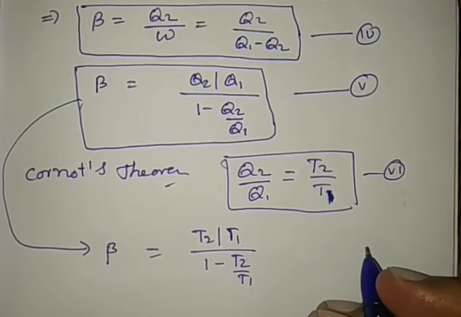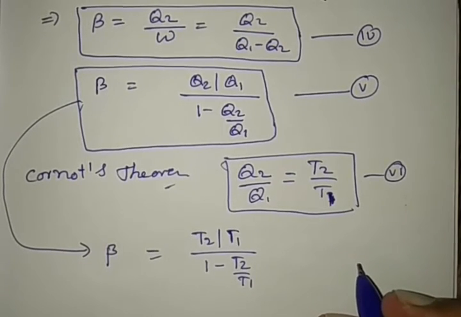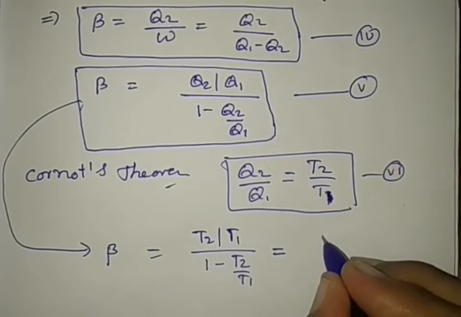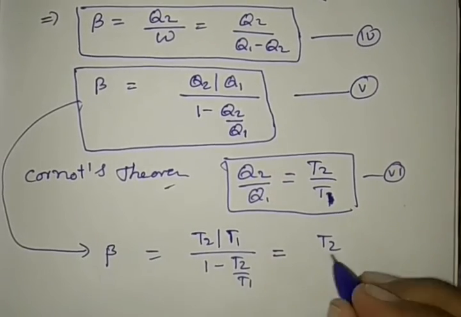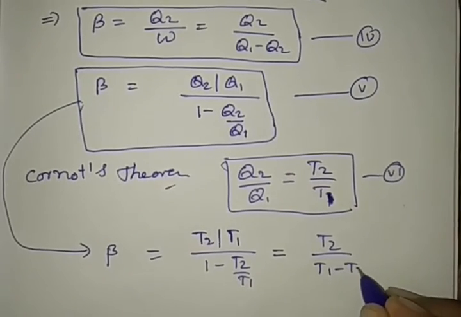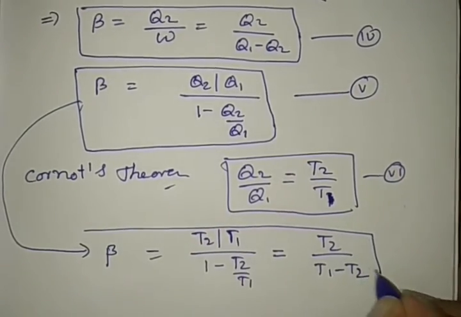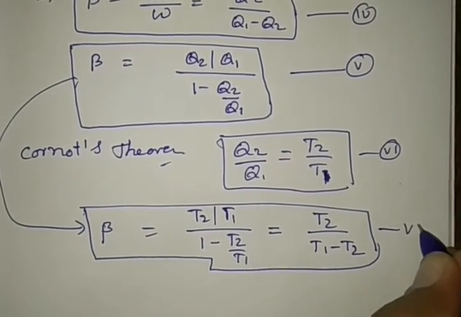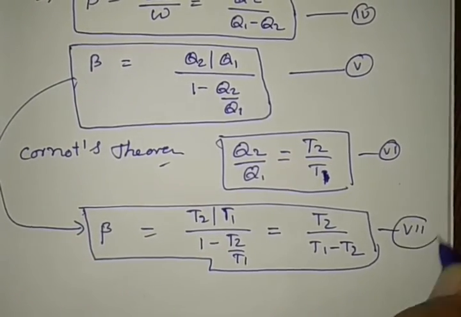It can also be written as T2 over T1 minus T2. The coefficient of performance can also be represented in this form by equation number 7.